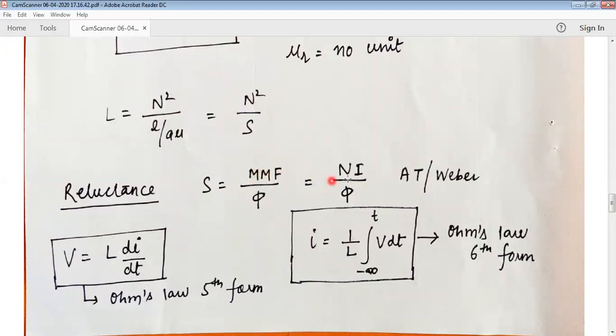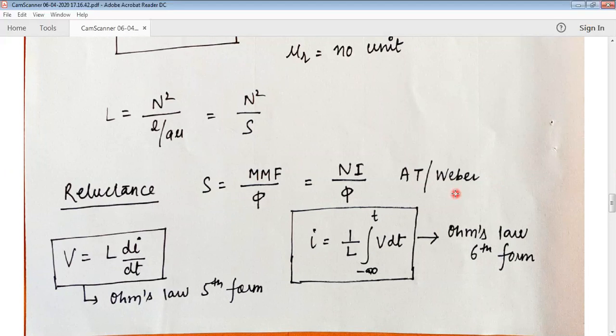MMF is N into I. N is the number of turns and I is in amperes, so the unit is ampere turn, and the unit of flux is Weber. So the unit of reluctance will be ampere turn per Weber. AT is your ampere turn.